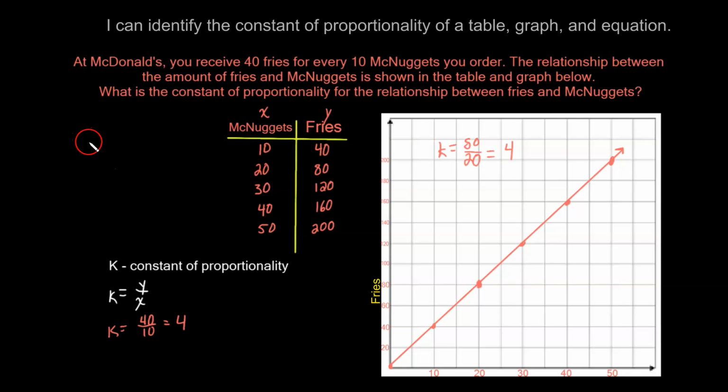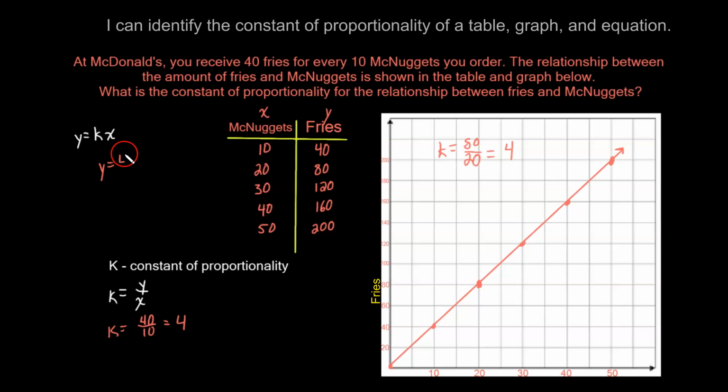And as a general way of writing equations that represent proportional relationships, our formula is Y equals KX, which is derived from this, or vice versa, I guess, if you wanted to say that. So if we were to write an equation that represented this relationship, our equation would be Y, which is the amount of fries, again, equals, well, our constant of proportionality is 4.